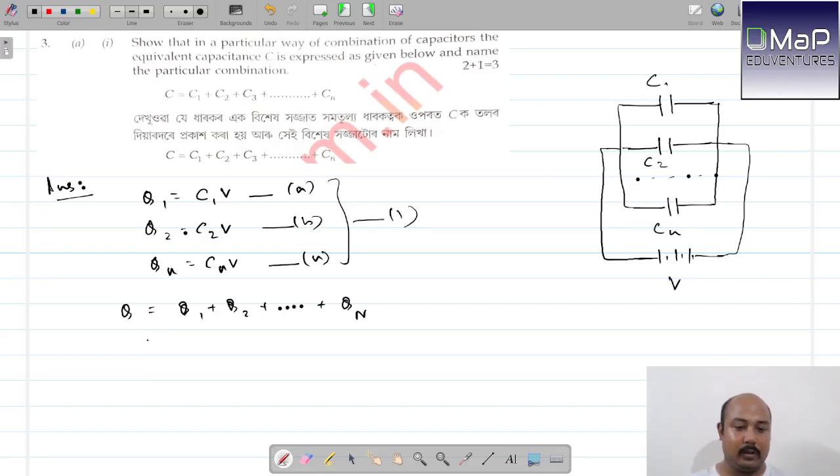Now if I substitute equations 1a, 1b and so on, I get C1V plus C2V plus and so on up to CnV. Taking V common, I have C1 plus C2 plus up to Cn, times V. Okay, so this is the total charge. Now suppose my next page has come.